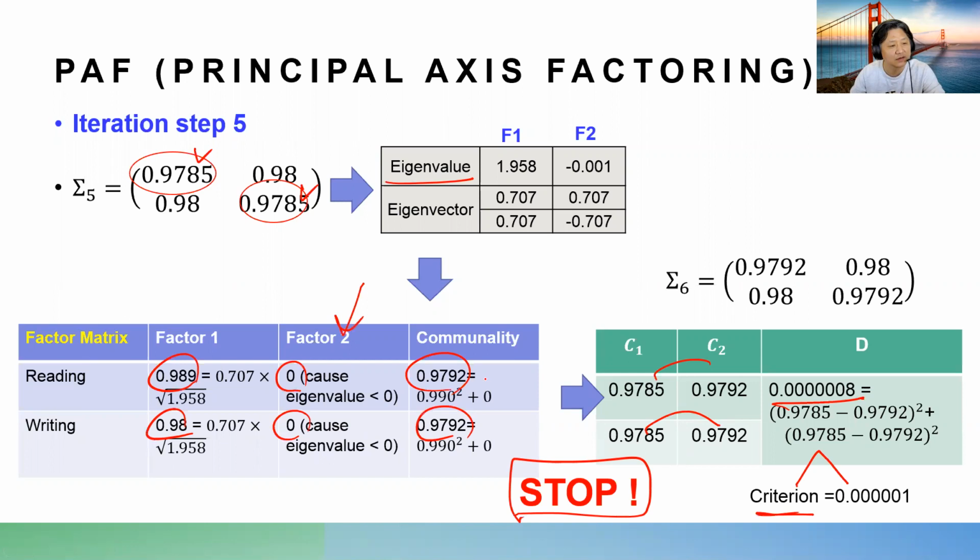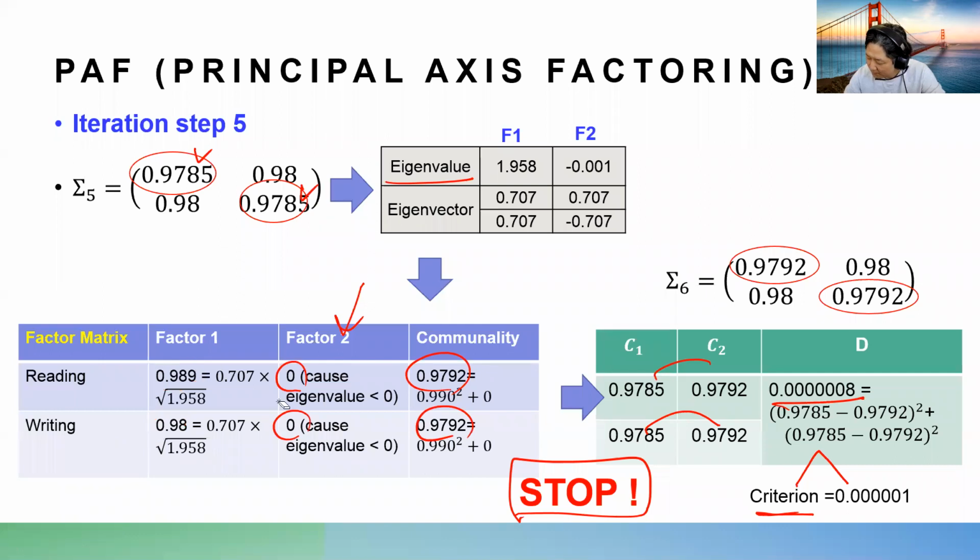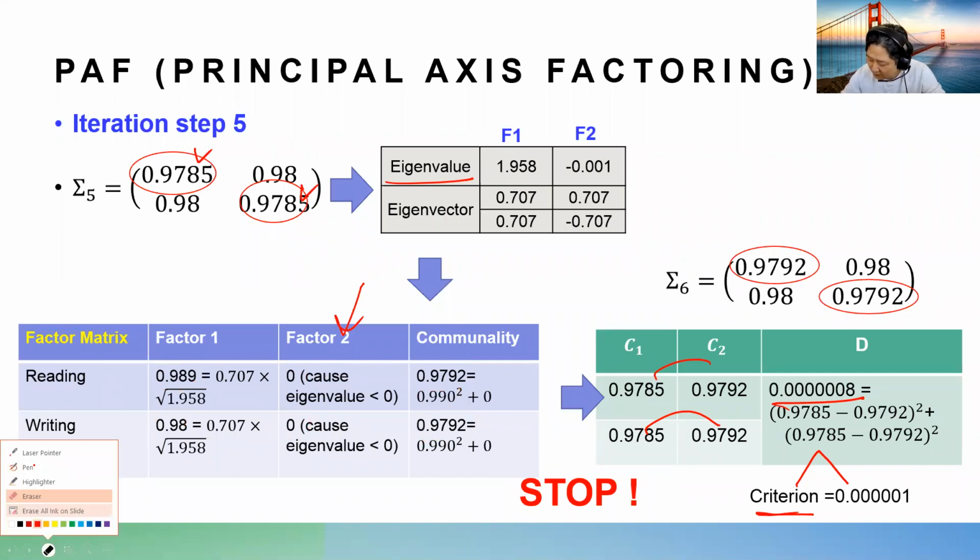Let me interpret our final solution. This is factor 1 and factor 2, and reading and writing. The correlation between reading and factor 1 is 0.989.